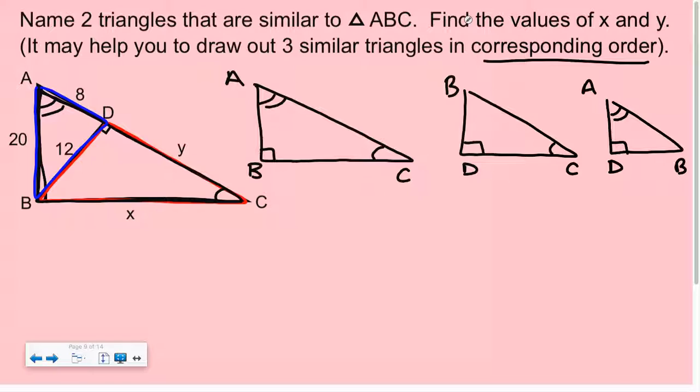Now, we're going to take all our labels and put them on these 3 triangles. So the length of AB is 20. So wherever I see an AB on my pictures, I'm going to put 20. BC is x. CD is y.